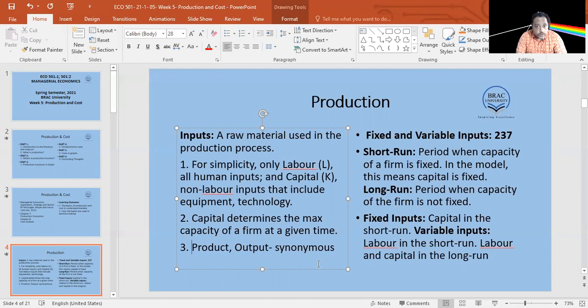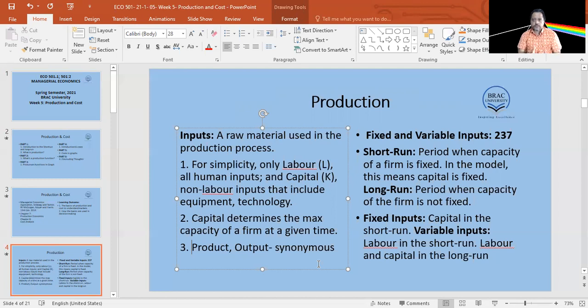Therefore, in the model, if the capacity of the firm is fixed in the short run, the amount of capital will also be fixed. So the foundation assumption of this particular definition of short run depends on fixed capital within this time period. Fixed capital means fixed capacity of the firm.